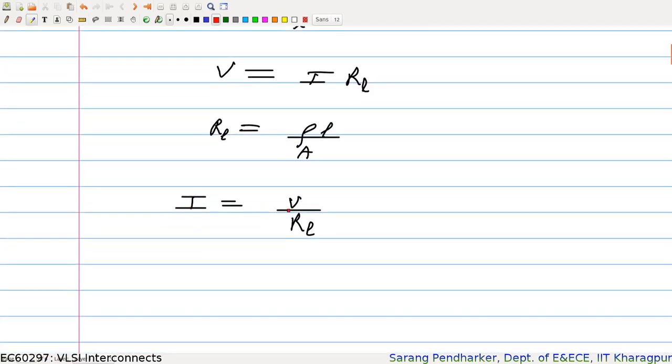I can write this I as V by RL, and substitute this value of RL here.